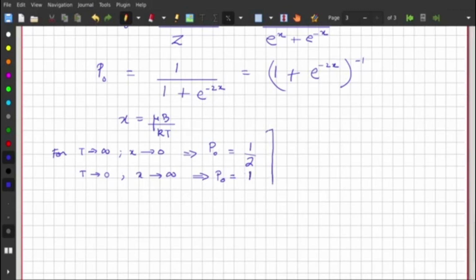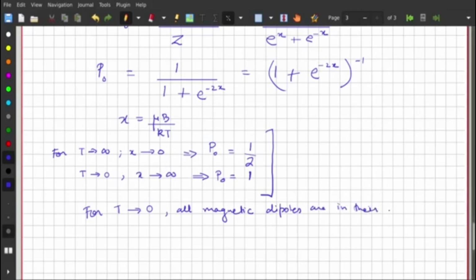So what these two limits of temperature are telling us is that for very low temperature, that is for T tends to 0, all magnetic dipoles are in their lowest energy state, that is in their ground energy state.